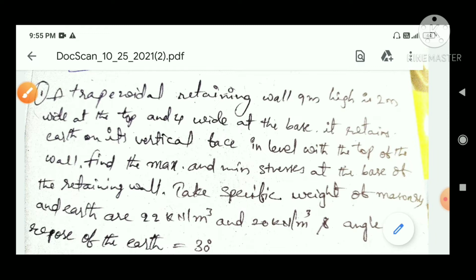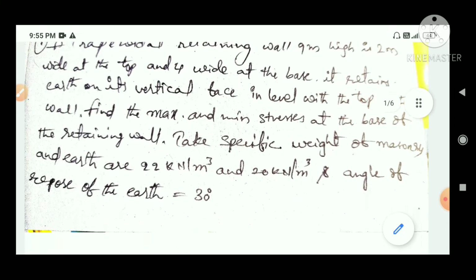So this is the given question, it has some data.